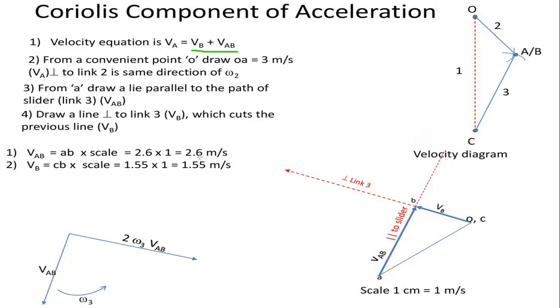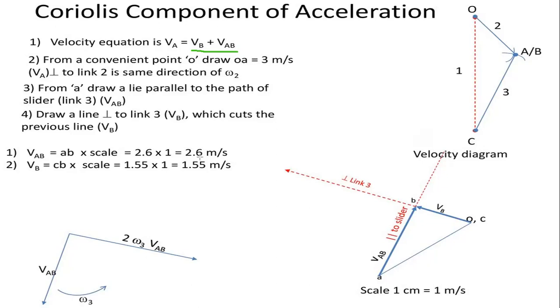So we have taken the scaling as 1 and the length of the AB line is 2.6. So the obtained value is 2.6 meters per second.